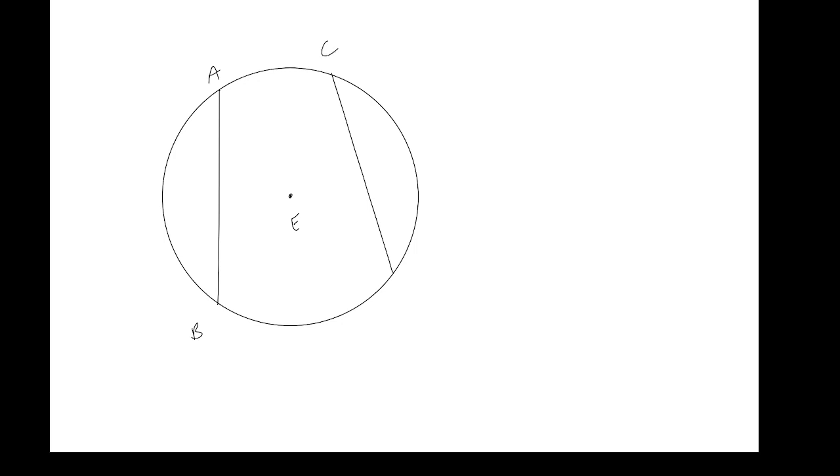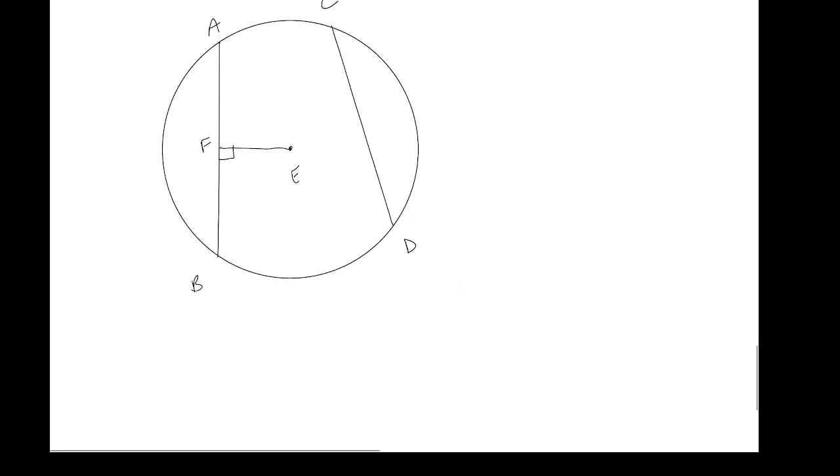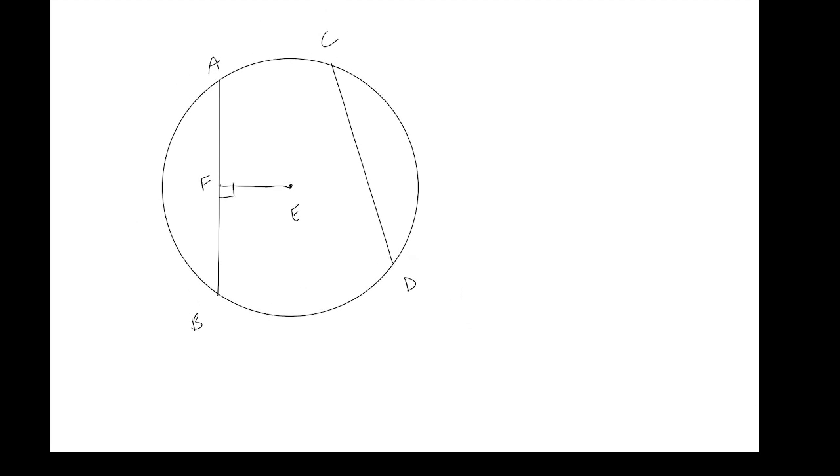So I have A, B, C, and D. Here's what we're going to be given: E is going to go perpendicularly to F, at chord AB at point F. Same thing, E is going to be drawn perpendicularly, connecting from the center E to this point G.